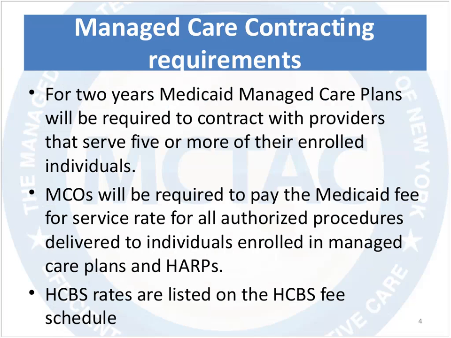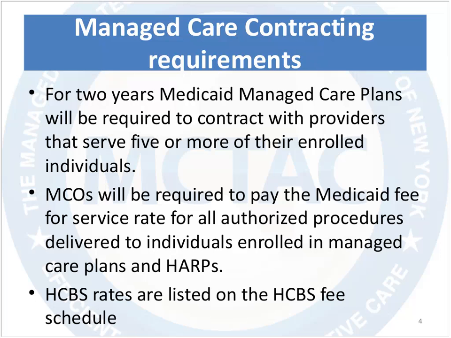So a couple of quick things that we do know. For 2 years, obviously you'll know that the Medicaid managed care plans will be required to contract with providers that serve 5 or more of their enrolled individuals. You need to be taking a look at where your current clients are, what plans they're enrolled in, and ensuring that you have contracts with those managed care companies for you to be able to bill for those clients.